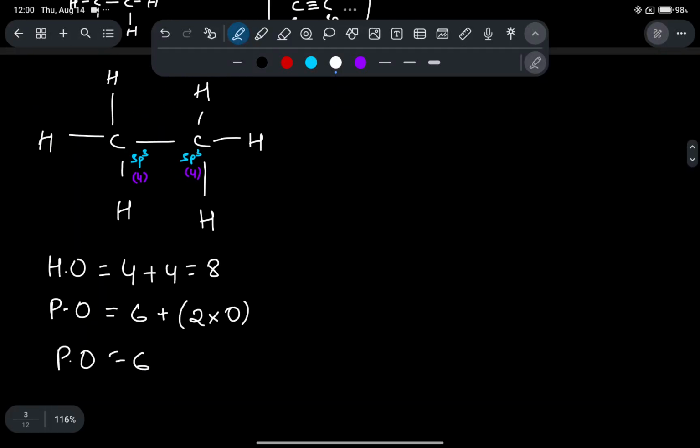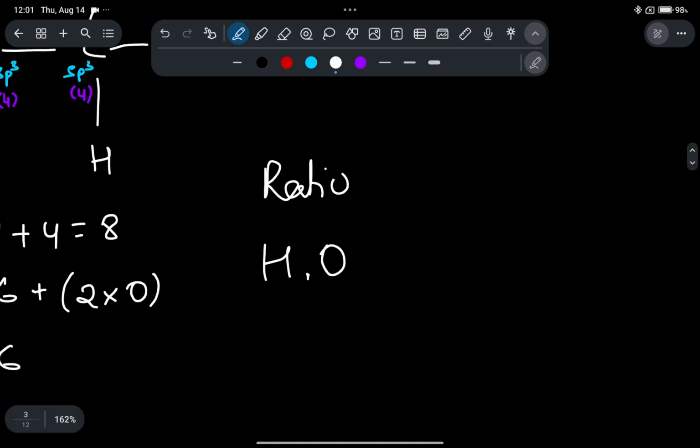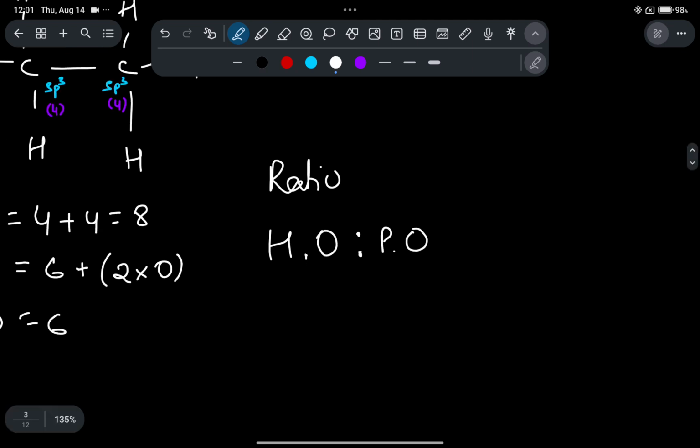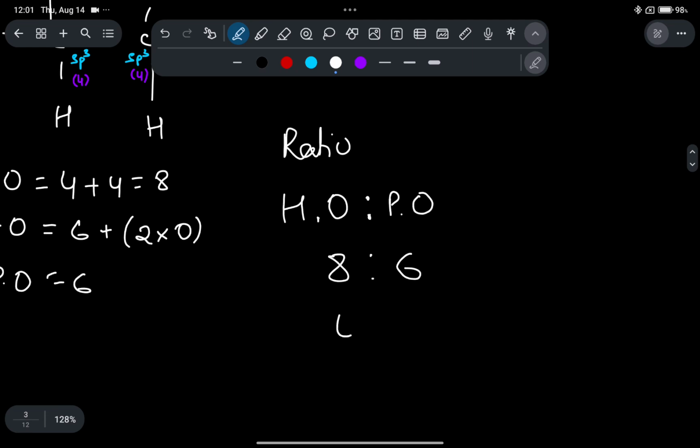So here I am writing the ratio between hybrid orbitals and pure orbitals. 8 is to 6. I'm getting 4 is to 3.